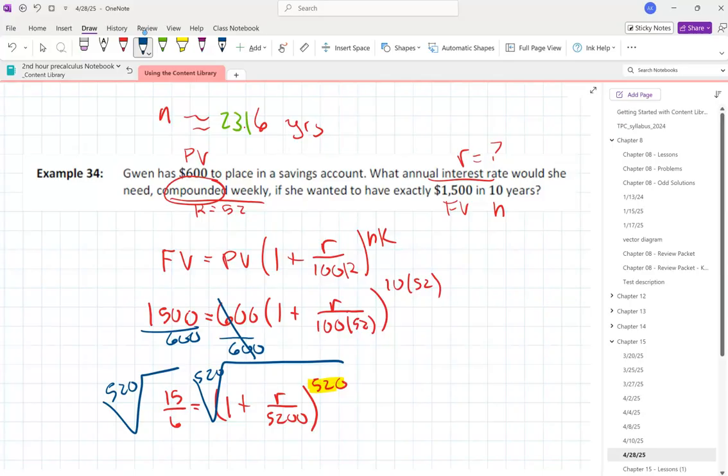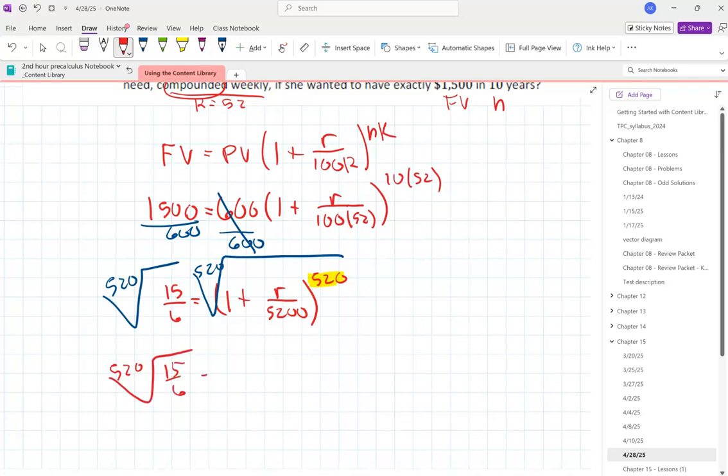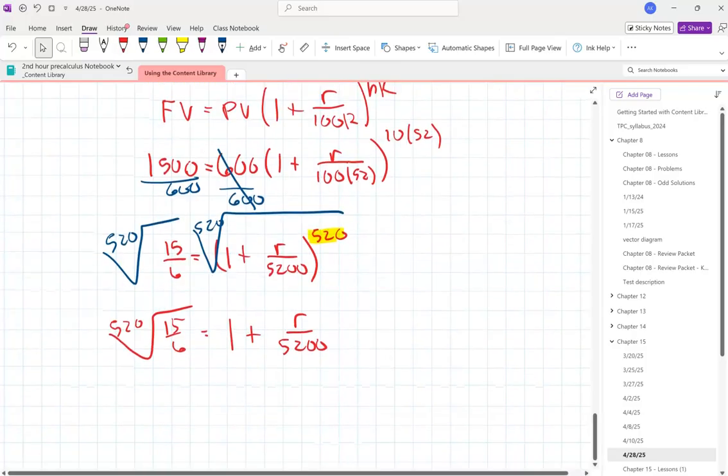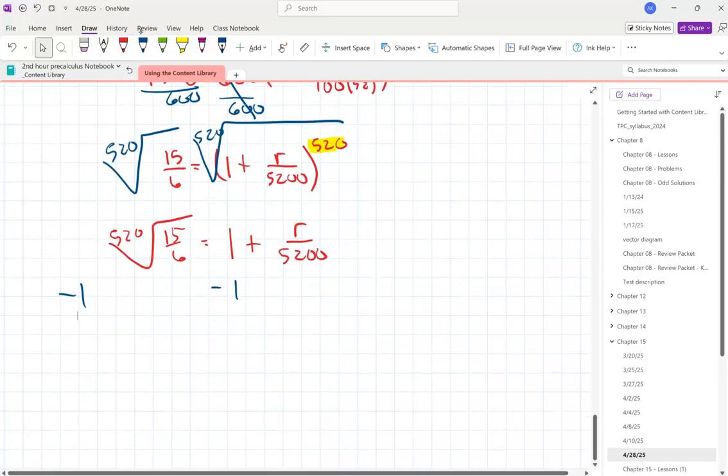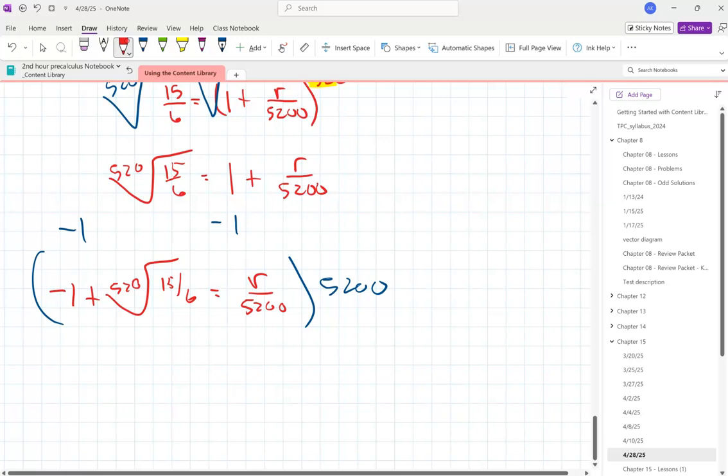So we'll do the 520th root to both sides. Then we'll subtract 1 from both sides, and then multiply both sides by 5,200. And then the R's by itself, right?